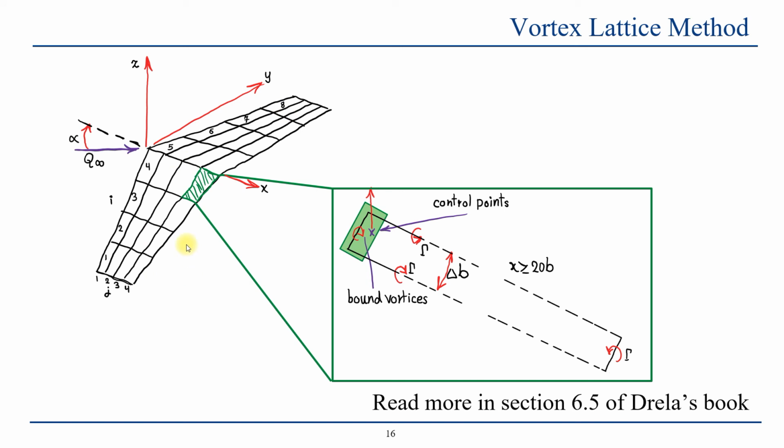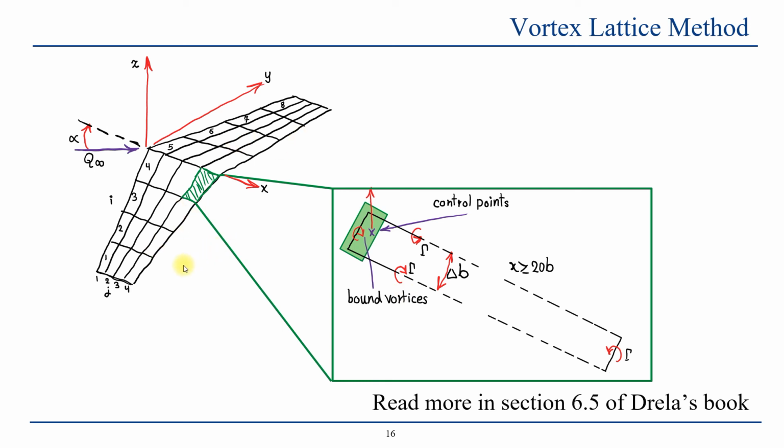Now on each panel, as you can see, we have the same replication that we saw for the lifting line theory, where we were replacing the wing, in this case the panel, by a horseshoe vortex, and then this vortex had an unknown strength gamma. So the objective of this distribution is to put gamma on each of these panels.